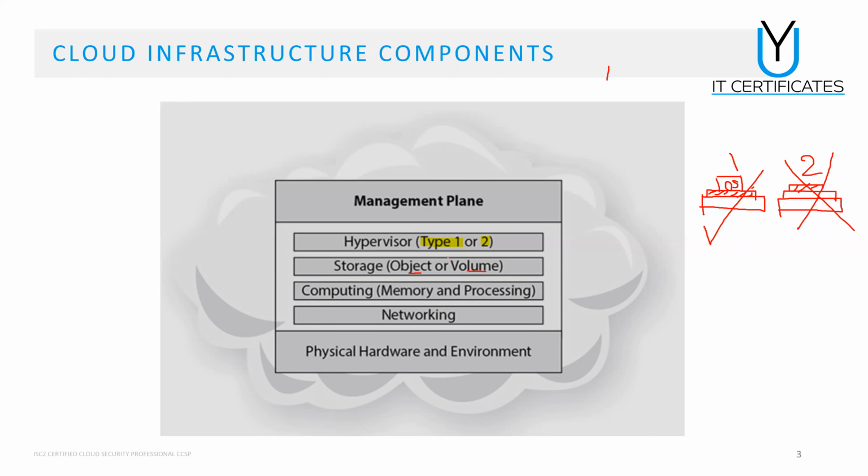Then the third component will be the computing, and I think all of us are familiar with the concept of memory and processing, processors and RAM. Finally, the network. Of course, the network component is very important, and we can split it into two parts. Part number one, the internal network.